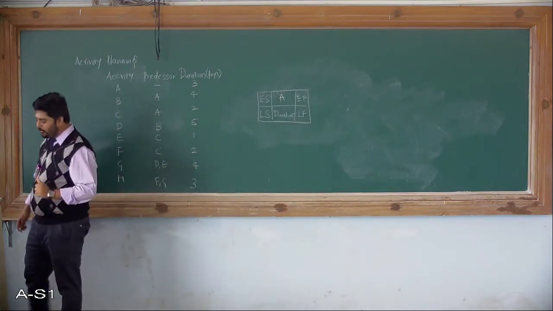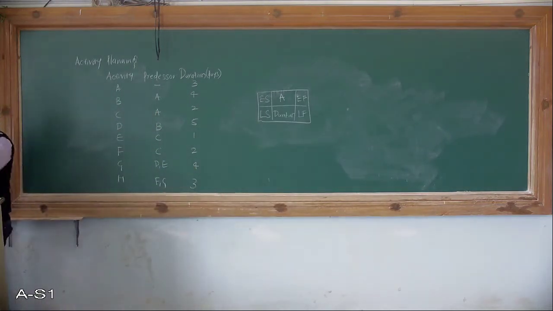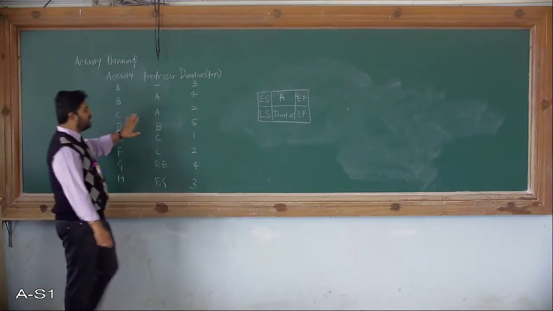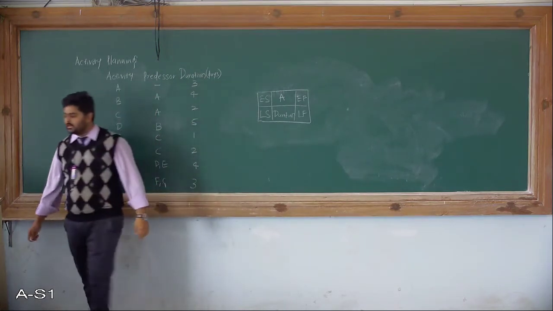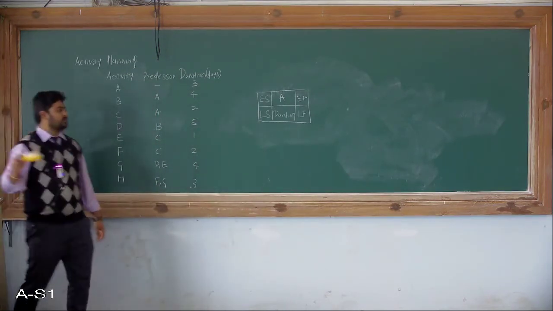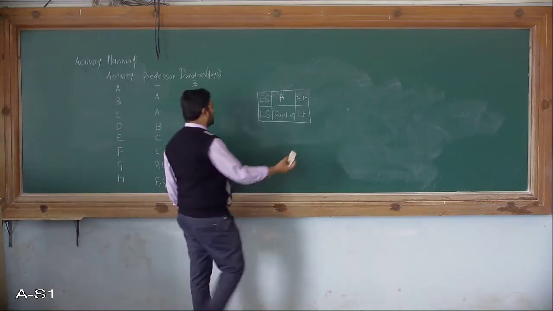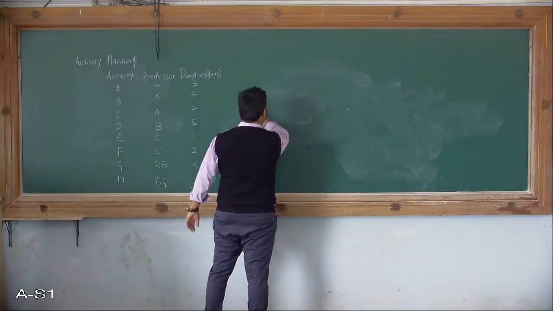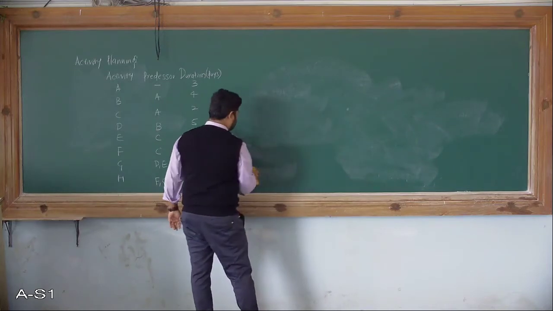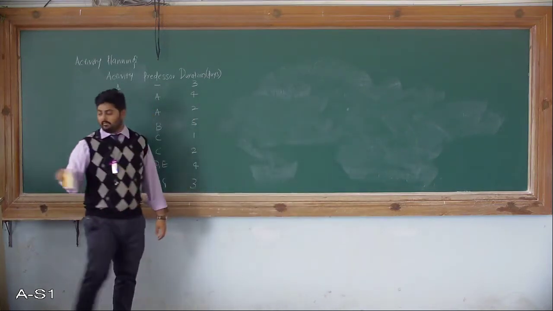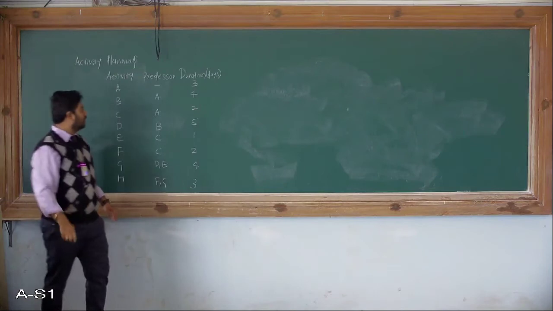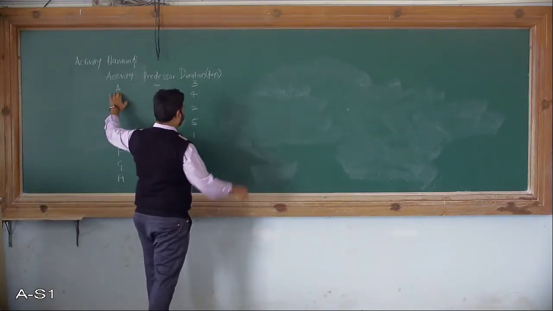This is how it works in a precedence network. We will perform the forward pass and backward pass and identify the critical path based on the data available. Let us start with activity A first.